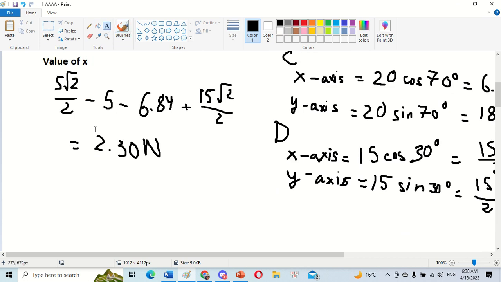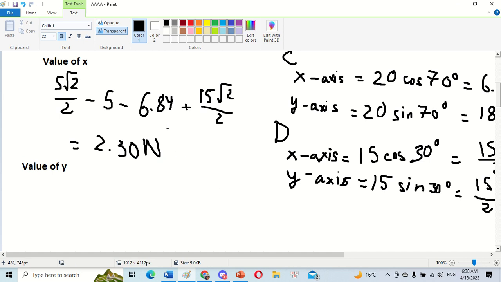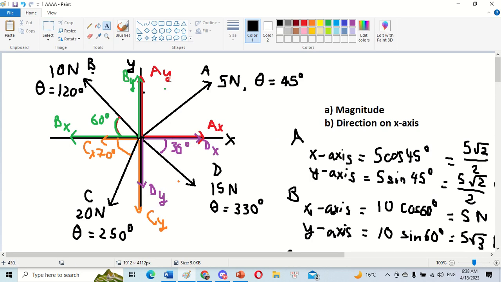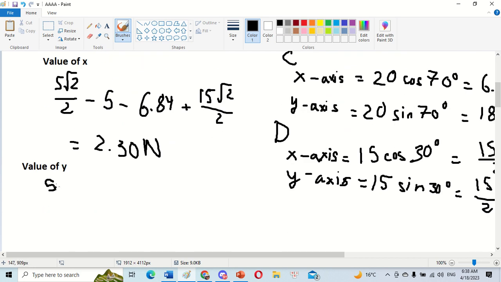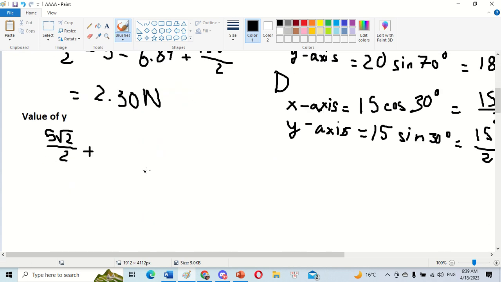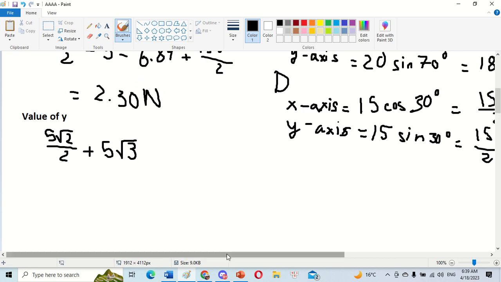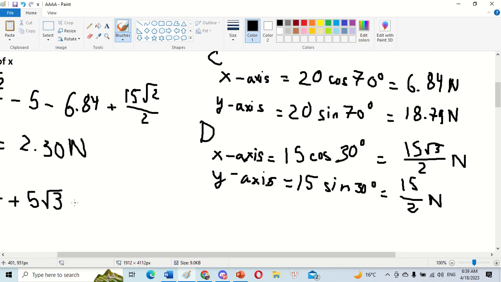Now let's go to find the value of y. So I will select ay that is positive. So ay we have 5 with the square root of number 2 over number 2. B that is by with the positive number 5 with the square root of number 3. dy and cy, they are opposites of vector ay, so they will go down, and that should be negative in here.